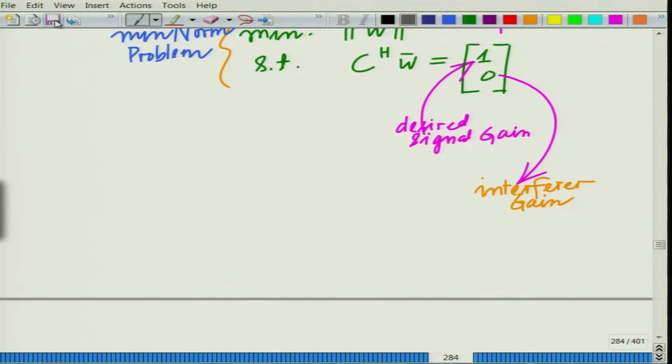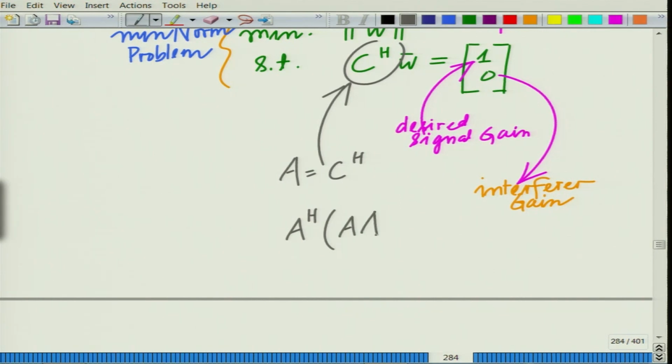And therefore, the only difference here is that you have A equal to C Hermitian, and the solution is given as, remember the solution was A transpose, but for a complex matrix you can replace the transpose by Hermitian. So, this becomes A Hermitian times A A Hermitian inverse times y bar, which in this case is 1 comma 0. This is your vector y bar.